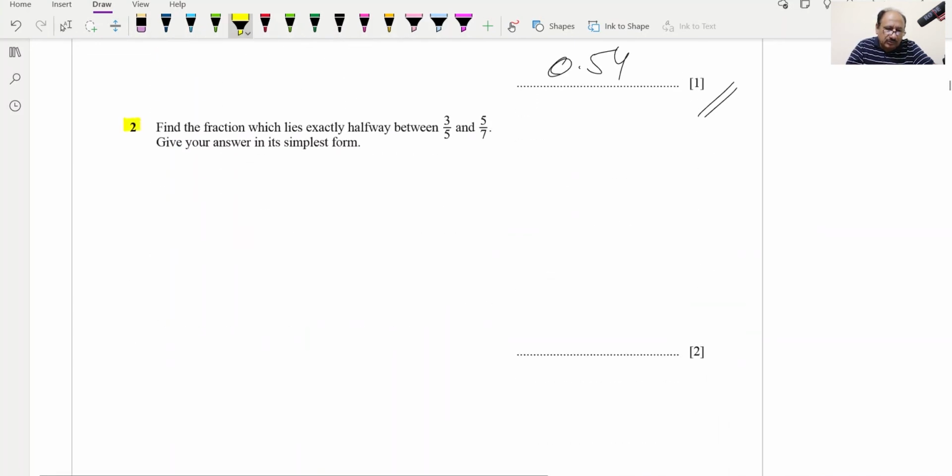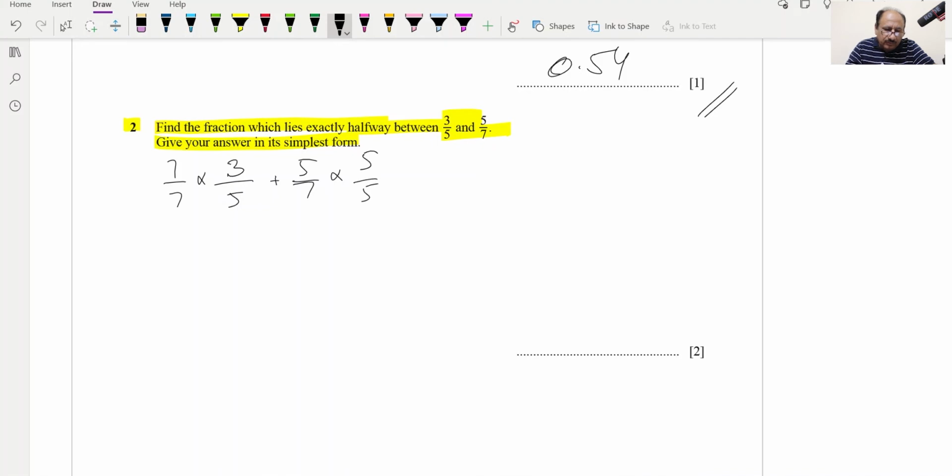Now question 2: find the fraction which lies exactly halfway between these two. Give your answer in its simplest form. For halfway, we add them and divide by 2. So we add 3 over 5 plus 5 over 7. We equalize the denominators, multiplying by 7 and by 5.